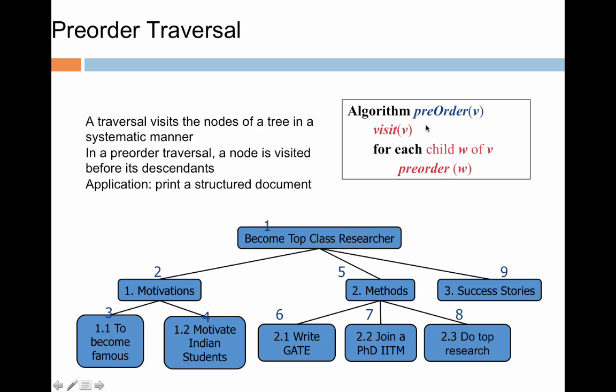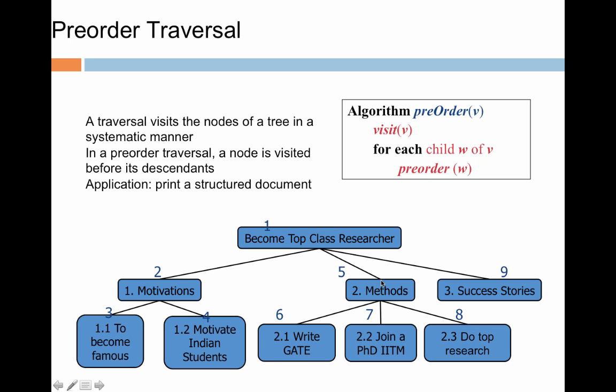Let us look at the order in which a pre-order traversal visits the nodes in the tree. It marks this node first as visited, then 2 as visited, then 3, then 4. Now it has finished visiting the whole subtree rooted at this particular node.